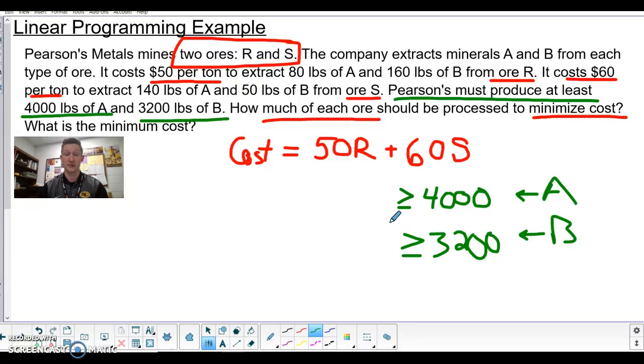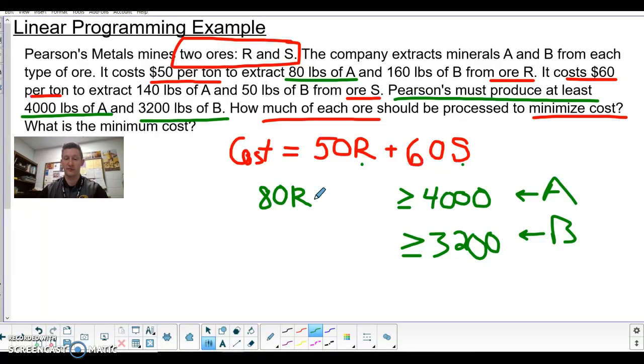The variables that I'm supposed to work with I already picked out: R and S. So how do I use R and S in the A equation? That's where these numbers become important. There are 80 pounds of A in a ton of ore R, so for each ton of R, I get 80 pounds of A. I'm not sure how many tons of R I'm going to have, but I'm going to multiply 80 times R. That's how many pounds of A I've got from the first kind of ore.